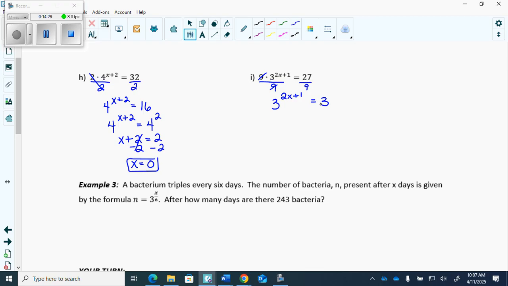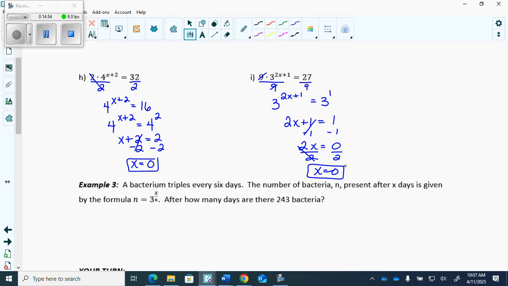If 3 doesn't have an exponent, what's its exponent? 1. So I get 2x plus 1 equals 1. Subtract 1. 2x equals 0. Divide by 2. x equals 0.